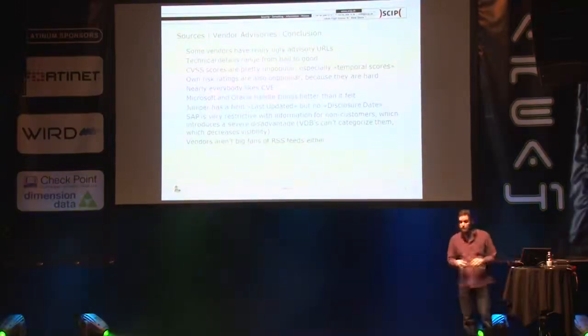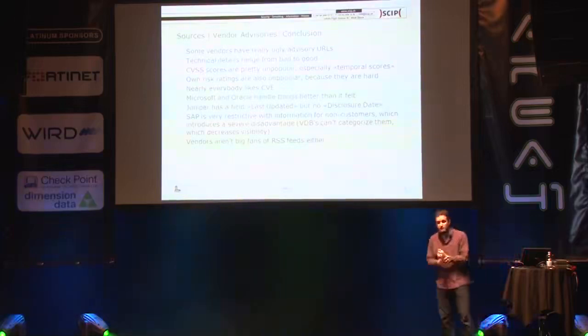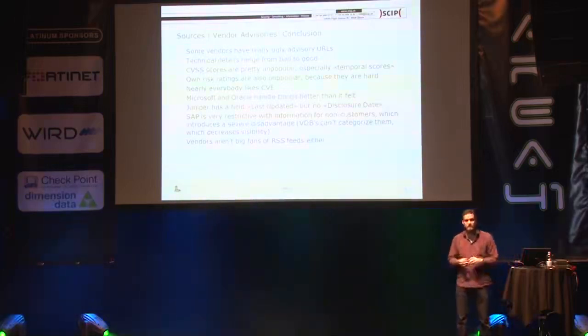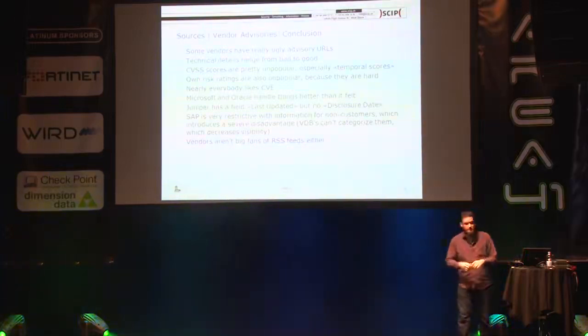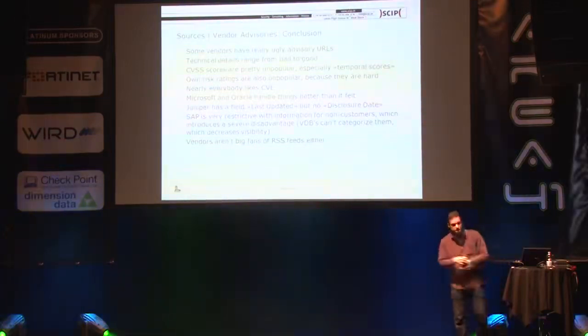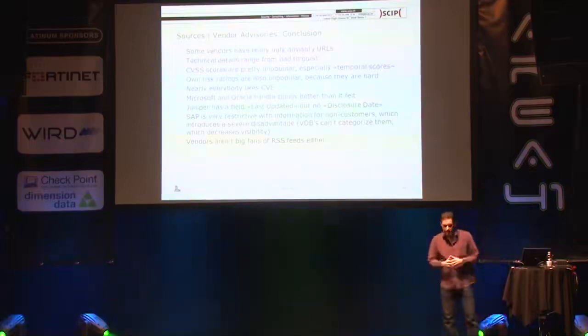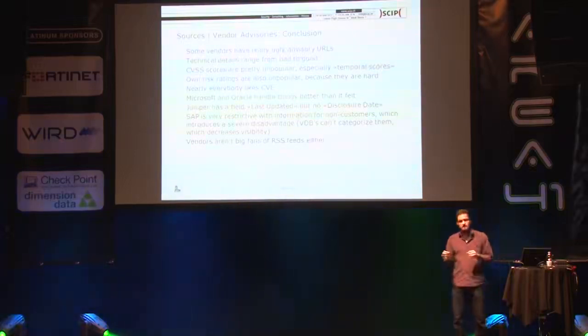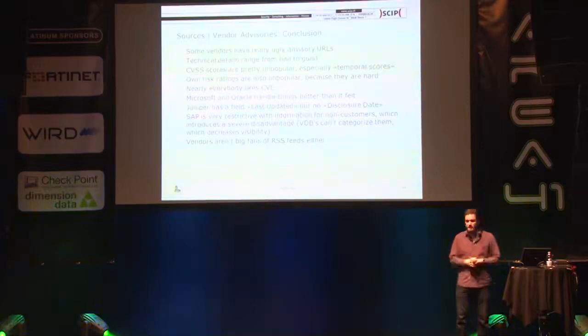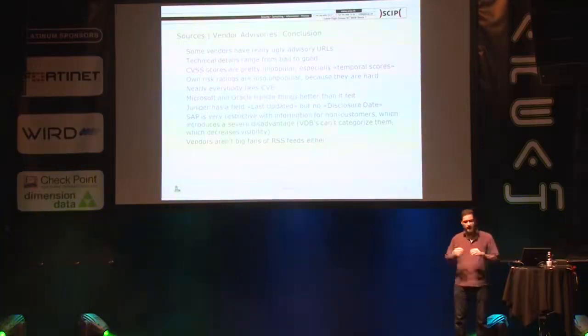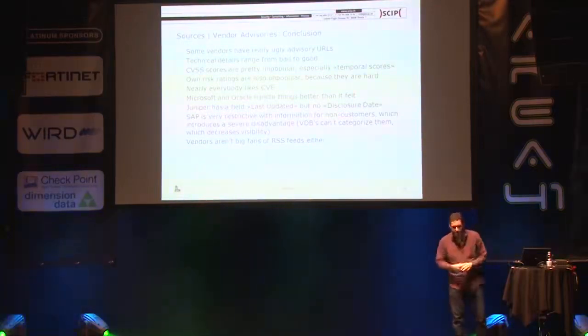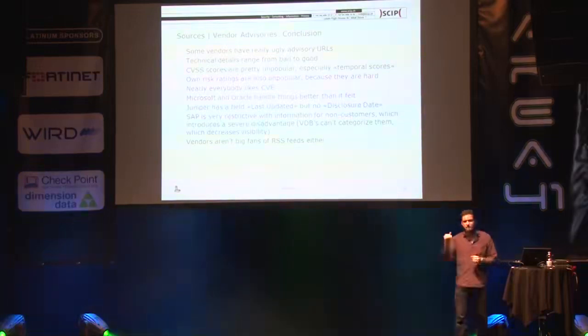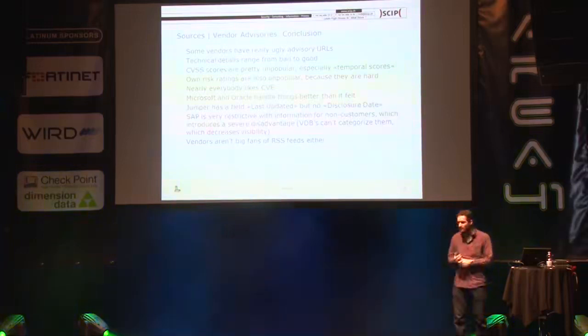CVSS scores and own rating systems also remain very unpopular among vendor advisories, and I think the reason is that it's very hard to rate yourself. I've been doing some CVSS analysis of Cisco for quite a while, and I have the feeling, I can't prove it yet, that they always try to provide a CVSS score below 7.0.